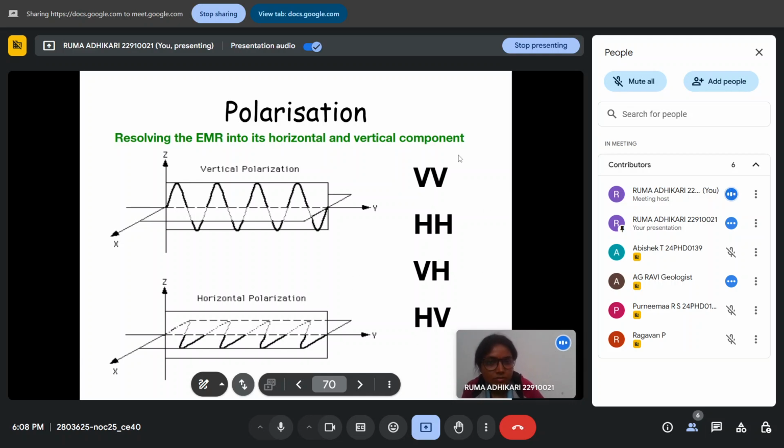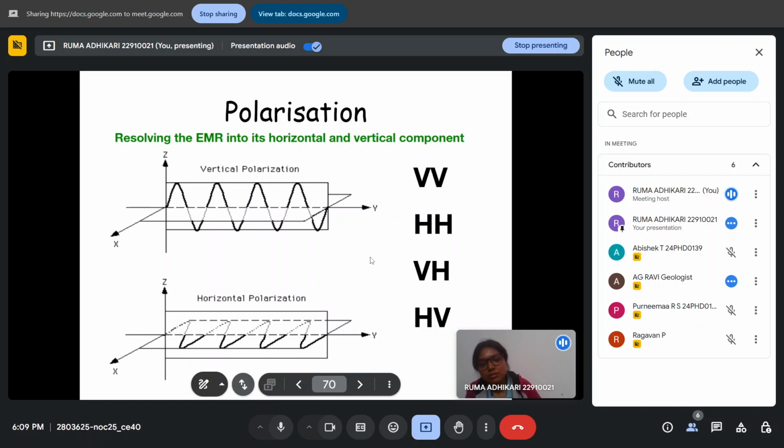To read this, the first term is what it is sending and the second is what it is receiving. So V sending and V receiving is the VV polarization. Similarly, H sending and H receiving. But for some targets, it is sending V and receiving H, or sending H and receiving V. So these four combinations we will take into consideration.